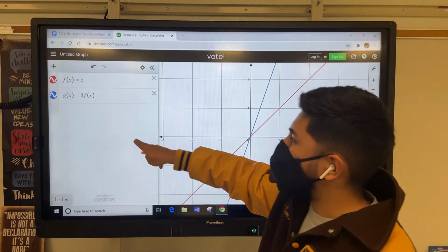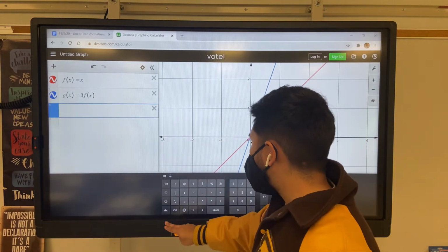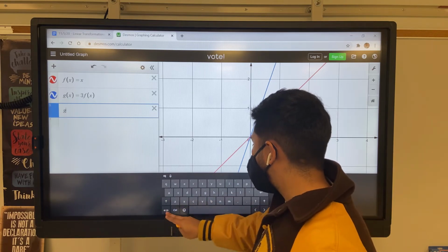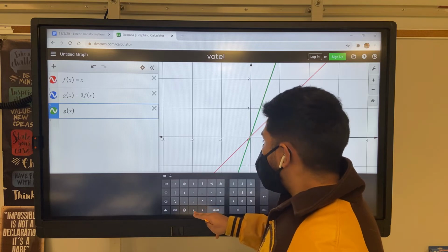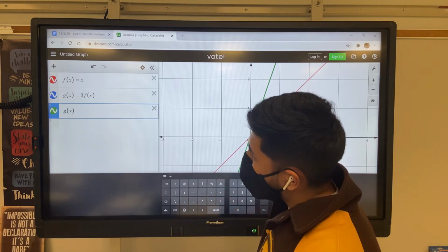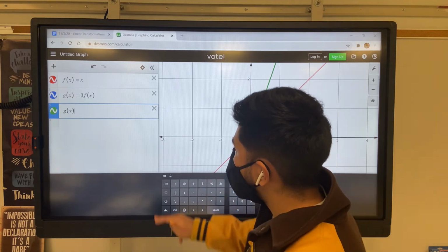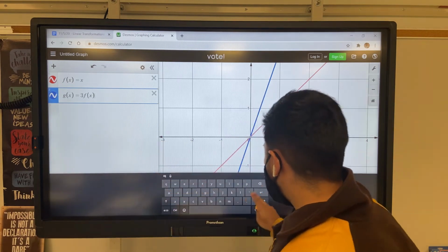And of course, I want to show you that it's the same thing for the second one, g of x equals, oh shoot. No, let me just do it on this one.